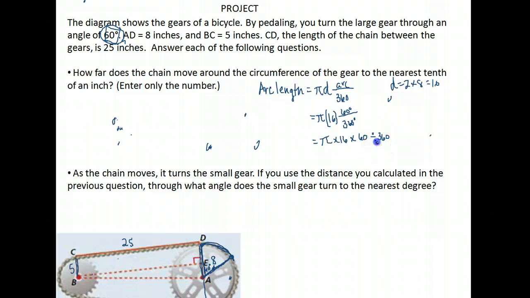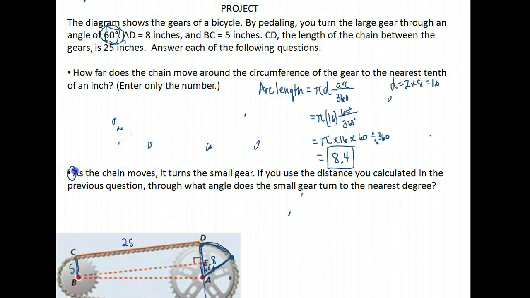When I do that, I get 8.37, which rounds to 8.4. So in this case, 8.4 inches is the distance that it turned that gear. That's the amount of the chain that it moved along the gear.